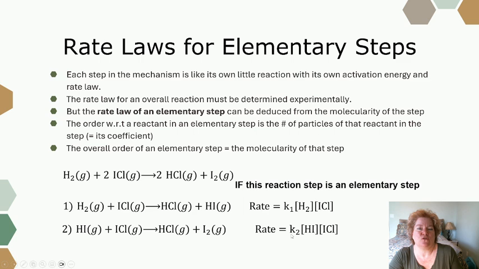So we use k2 just to identify that the 1 and the 2 are now talking about the first step and the second step. And again, both of these have one HI particle and one ICl particle, so both of them would have an order of 1. If it was an ICl hitting an ICl, it'd be ICl to the second power. Okay, so this is half of the story of how I predict the rate law for a mechanism.